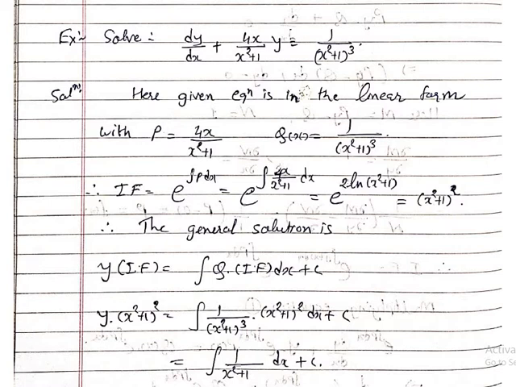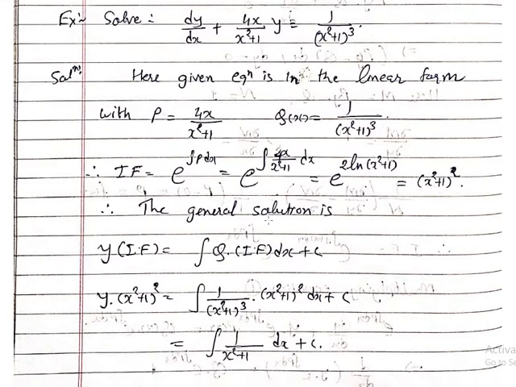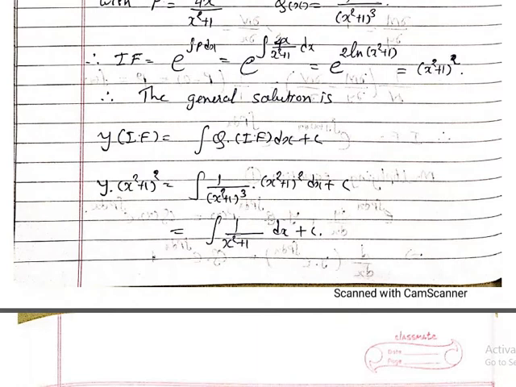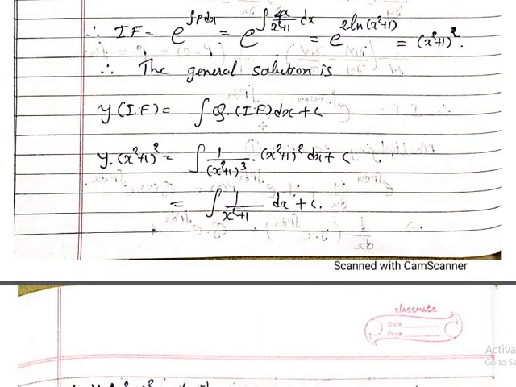Simplifying this, the 2 goes in the power of (x² + 1), e raised to log cancels out, and we have (x² + 1) the whole square. So the general solution is given by y into IF is equal to integral Q into IF dx plus c. So y(x² + 1)² is equal to integral 1/(x² + 1)³ into (x² + 1)² dx plus c.